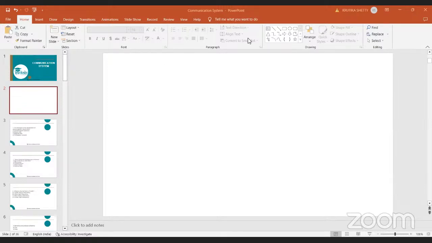Next, we have one Karnataka CET 2018 question. The question is: in a DC common emitter, current gain of an NPN transistor is given as 50.